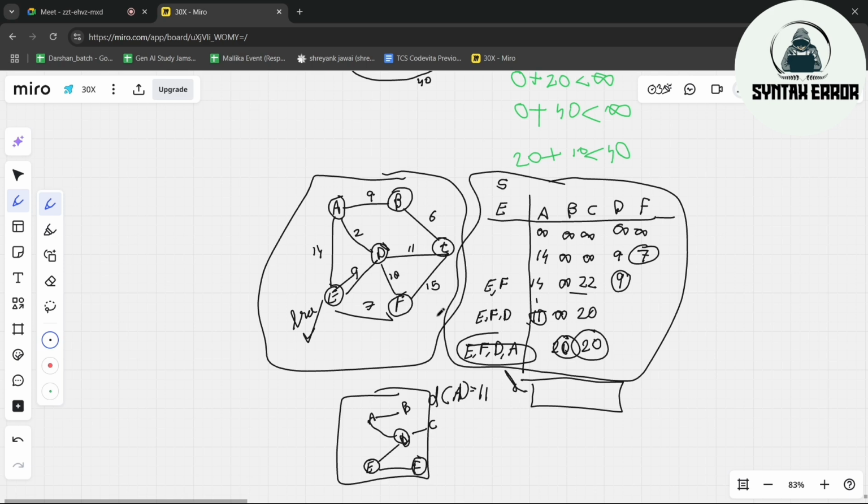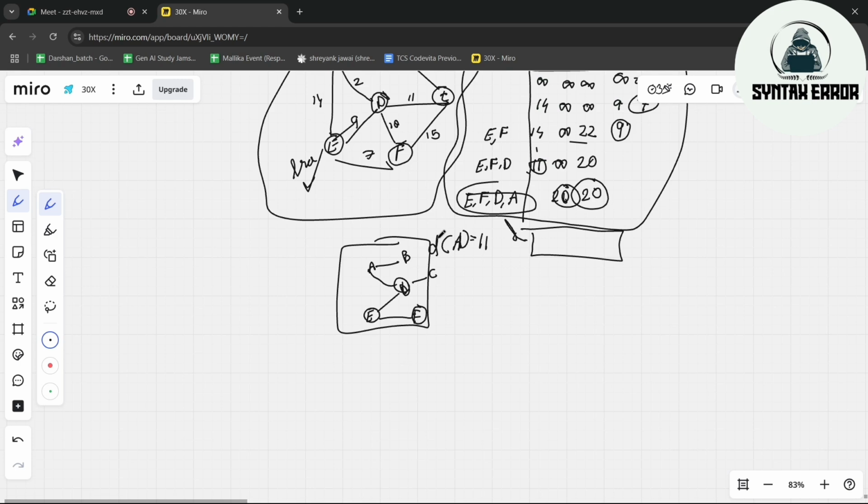There are a few scenarios in real life also where we will get our weight as negative. At that time this algorithm won't be satisfied. So to handle that type of question, we have to use our next algorithm, which is the Bellman-Ford algorithm.